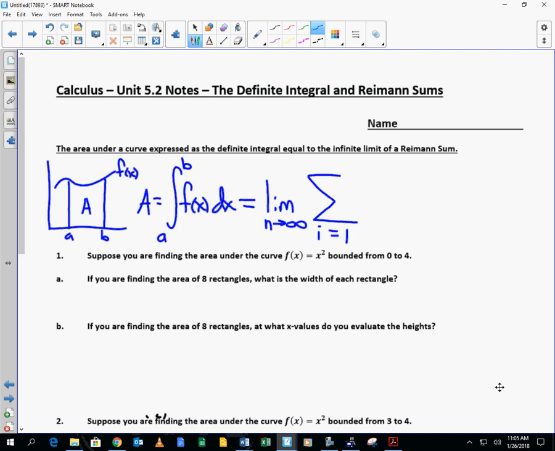From i equals 1 to n of f of x sub i times delta x.